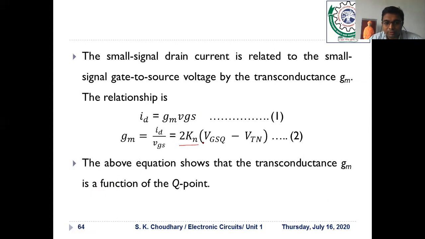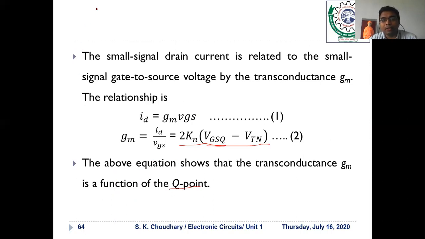This is the mathematical formula for the GM. The above equation also shows that transconductance GM is a function of the Q point, because here we have used the VGSQ, the Q point value.